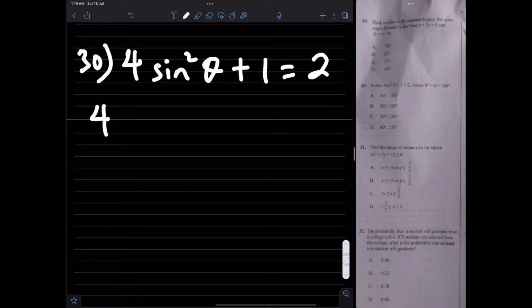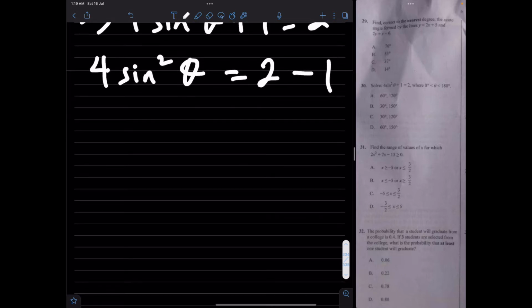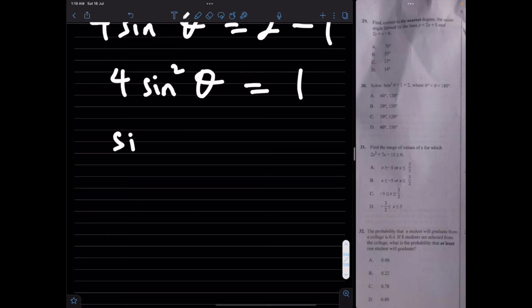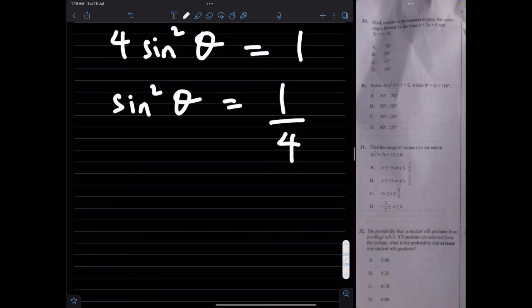So this simply means 4 sine squared theta equals 2 minus 1, and that means 4 sine squared theta equals 1. Which means sine squared theta equals 1 over 4 when we divide both sides by 4.